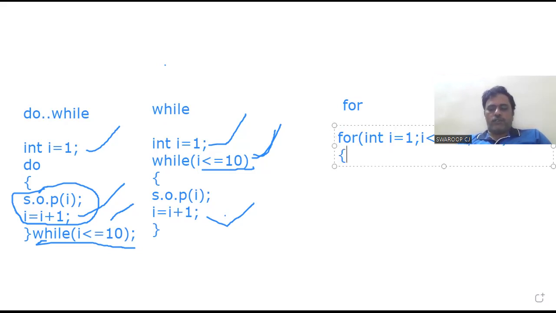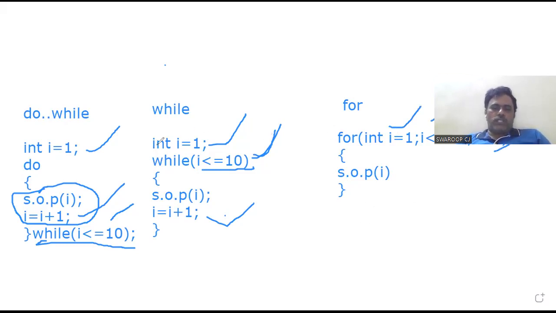Then I have to print. Right? Simple, the program is over. So this indicates the initialization, this is the condition, and this is the increment. Simple.